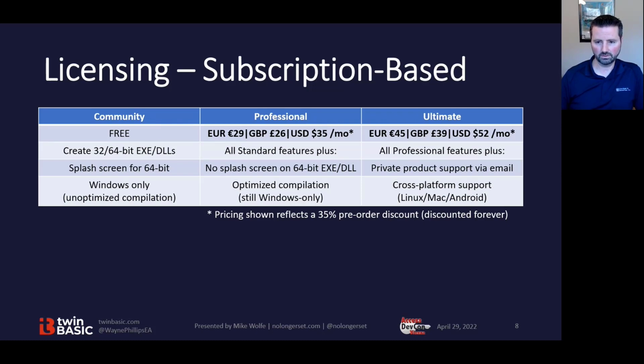The professional version gets rid of the splash screen on 64-bit EXEs, and then it also is going to allow for optimized compilation. And then with the Ultimate Edition, you get private product support, and then you also get the cross-platform support.